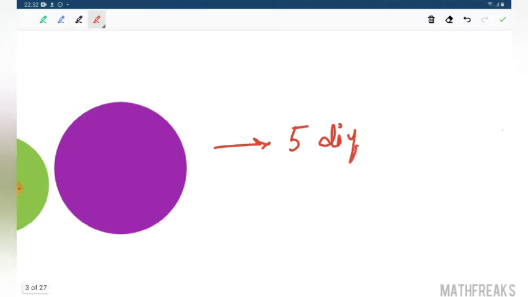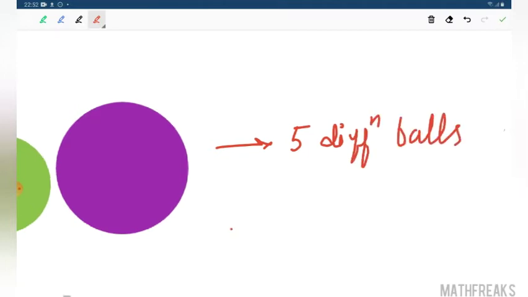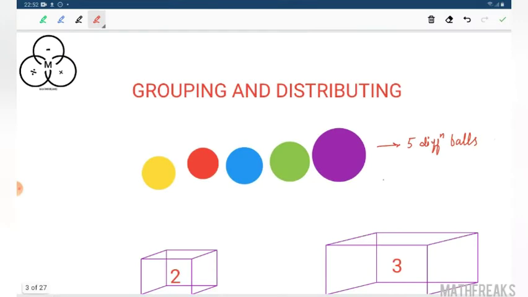In how many ways can we put the balls into the boxes?